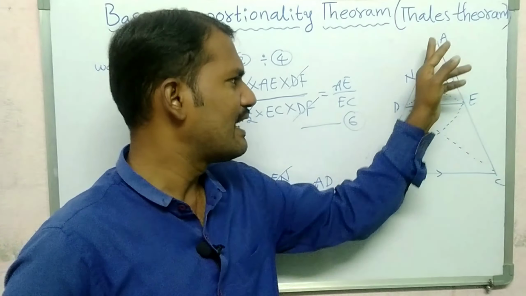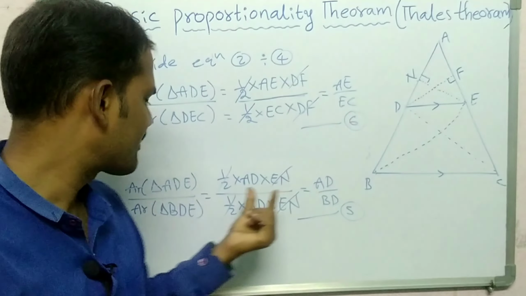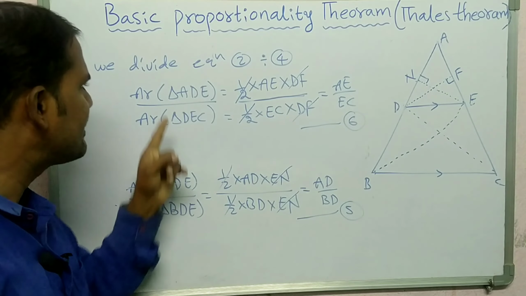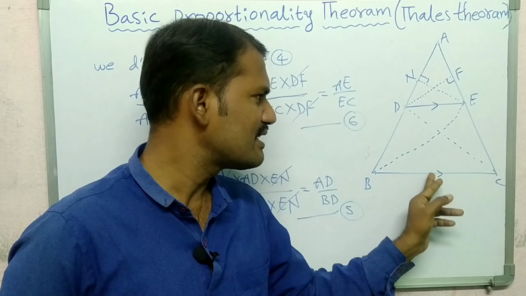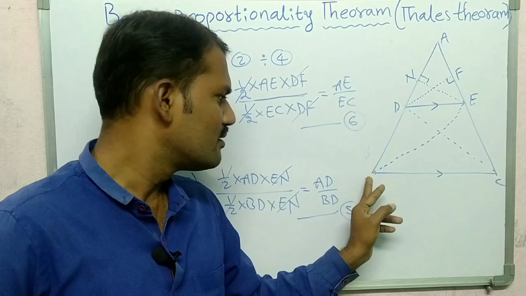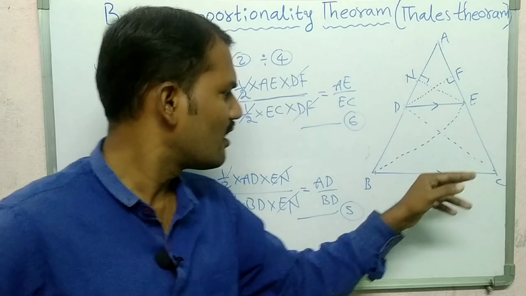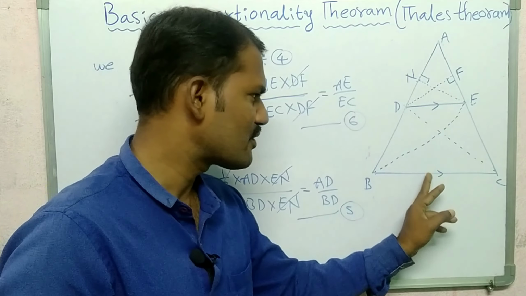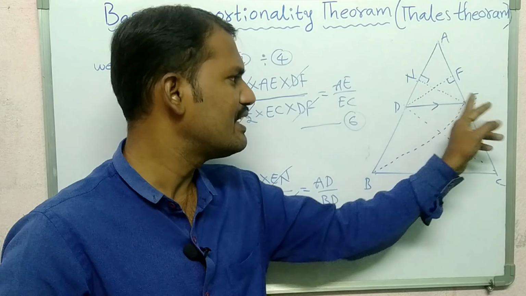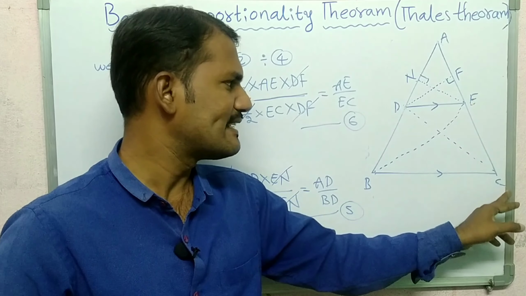Here the area of triangle ADE is the same in both. And here DE is parallel to BC, so triangles BDE and DEC have equal areas.